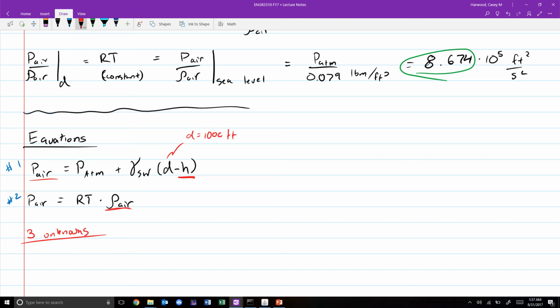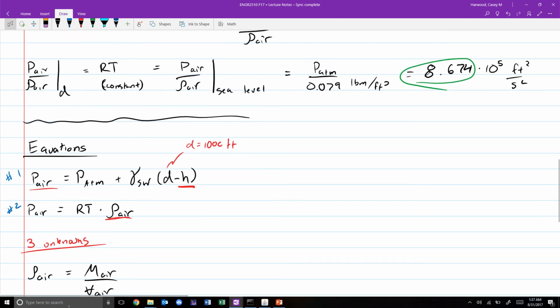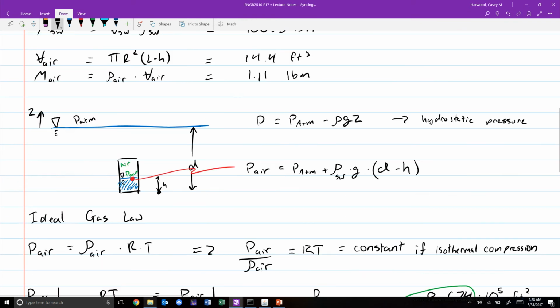Now, where's that equation going to come from? Well, let's go ahead and pick out the density of air. We know that the density of air can be defined as the mass of air over the volume occupied by air. Do we know either of these to begin with? Well, we could compute the volume of air by recognizing that we wrote it up here.